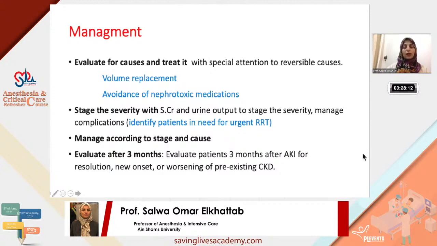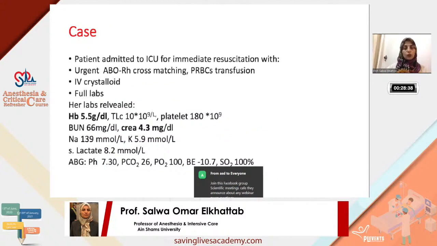And after resolution of the acute condition, our colleagues, the nephrologists, will evaluate the patient later for possible complete resolution, a newly recurrent onset of AKI once more, or whether they went into CKD and might be end-stage renal disease. It's our case once more. And what about the management? First of all, to manage the cause of this bleeding and hypovolemic shock.